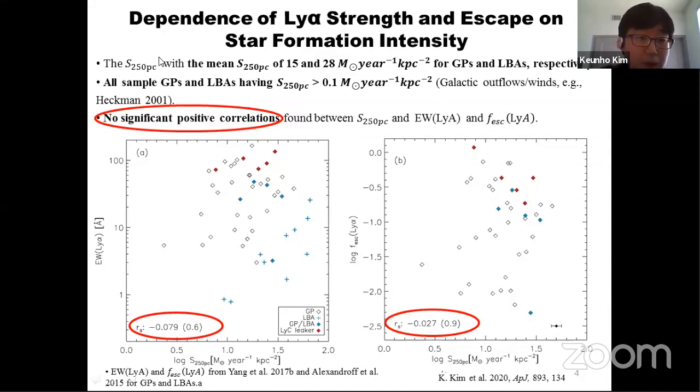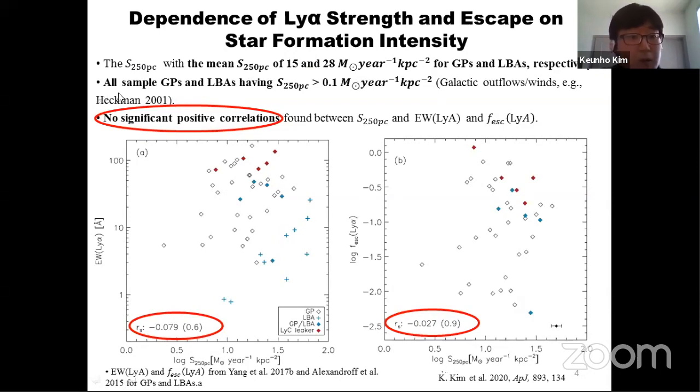First of all, the measured central star formation intensity of Green Peas and Lyman Break analogs shows a mean star formation intensity of 15 and 28 solar mass per year per kiloparsec square, respectively. This high star formation intensity is 2 to 3 orders of magnitude larger than typical star forming disk galaxies.